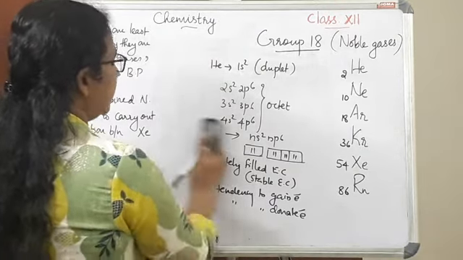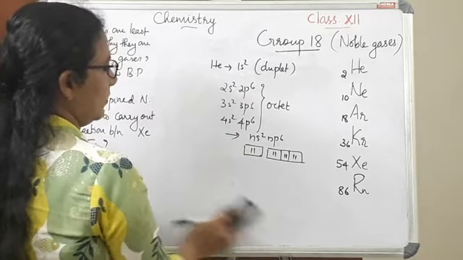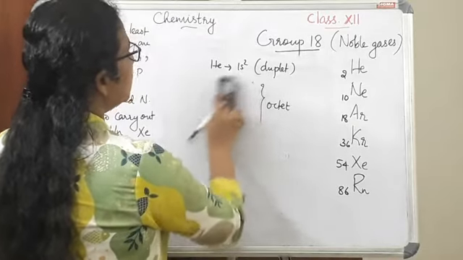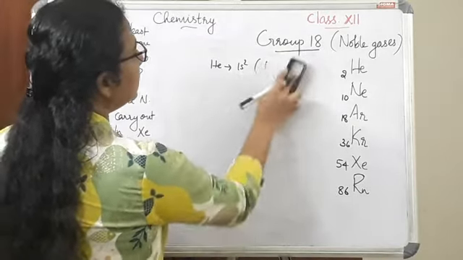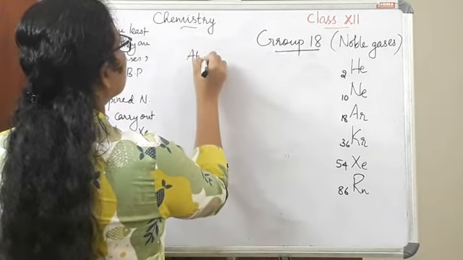Now let us see the atomic radii. Like the other groups, the atomic radii increases down the group.